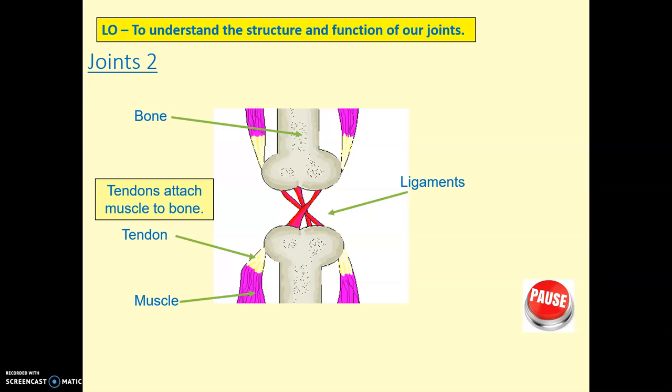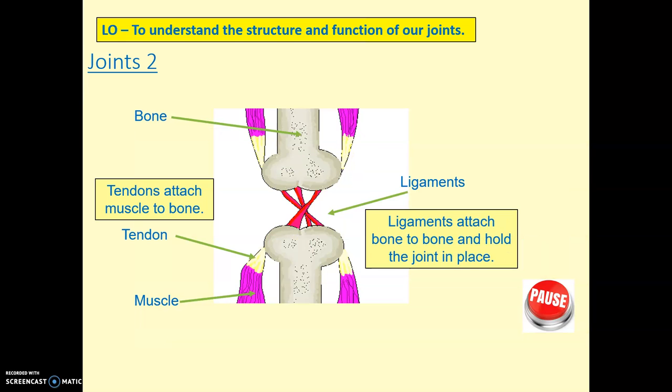Your tendons attach muscle to bone. Ligaments attach bone to bone and hold the joint in place, keep it sturdy, keep it strong. So can you just please get down those 2 definitions there for tendons and ligaments? We get them down, and then we'll move on.